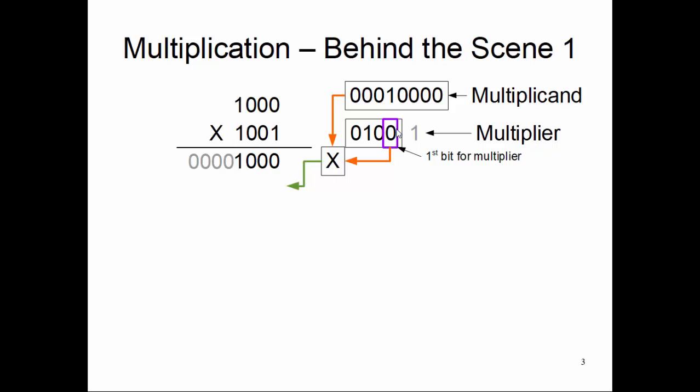So it is kind of a shift operation itself. That's why the multiplicand is shifted, and then we make our multiplication with the zeros, which is all zeros.